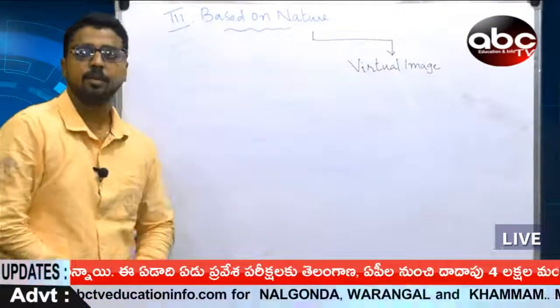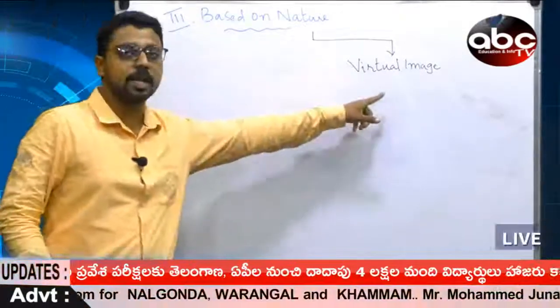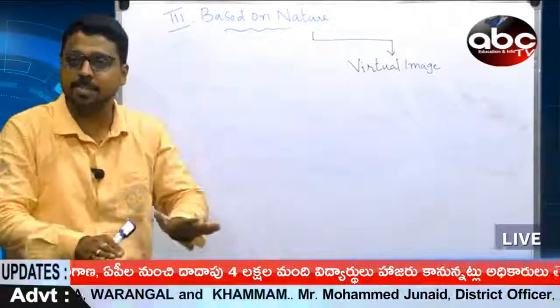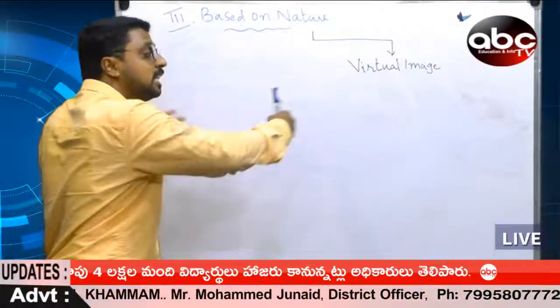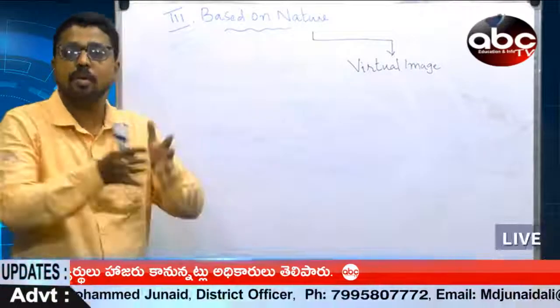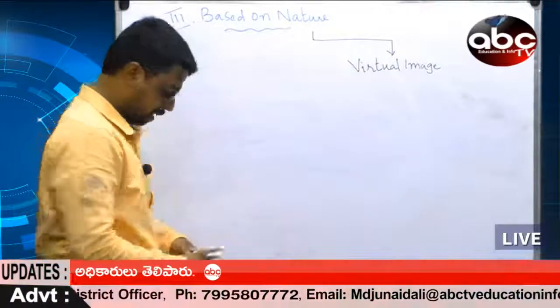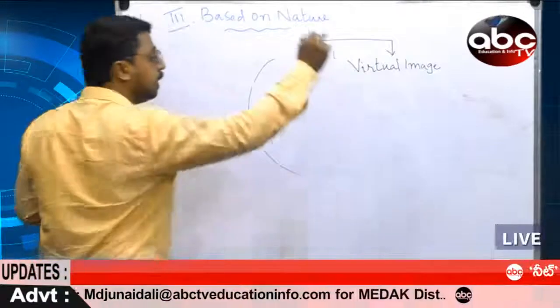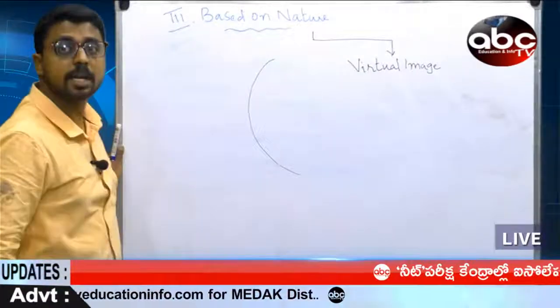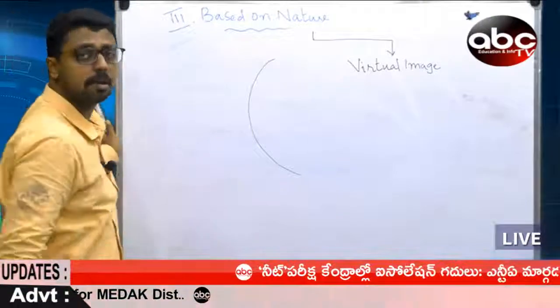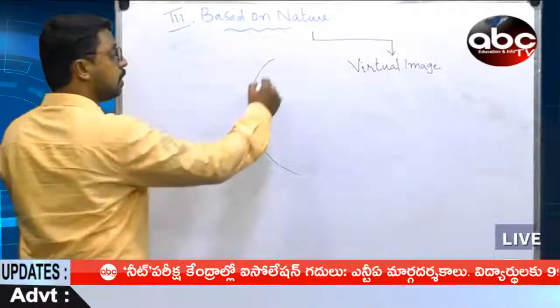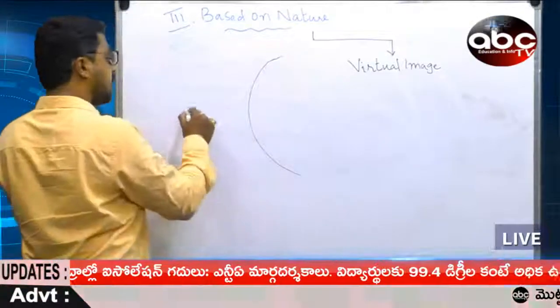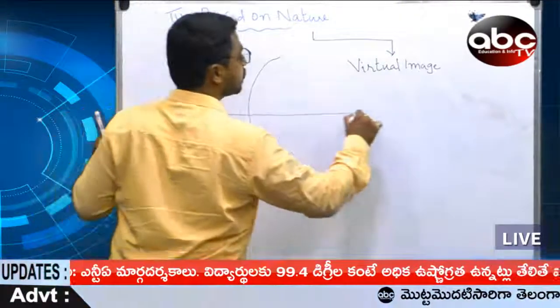Now we'll be moving on to the virtual image. For the sake of clear differentiation, I would like to draw another diagram. Listen carefully now. Here I draw a mirror. What type of mirror? Of course, a concave mirror. Let us understand the terms.